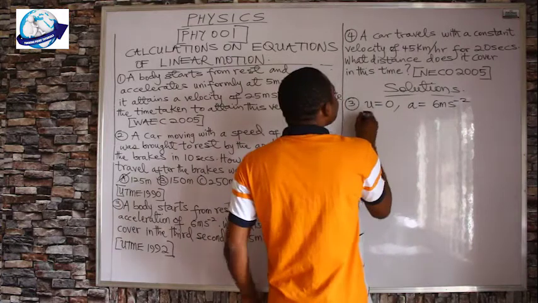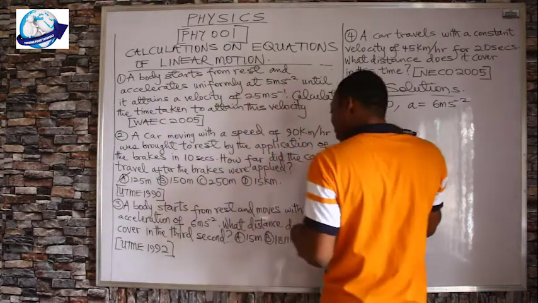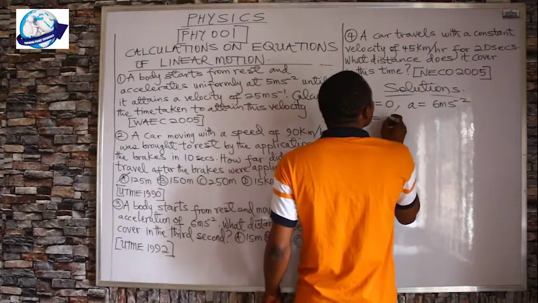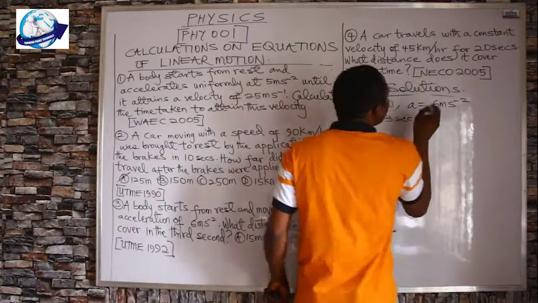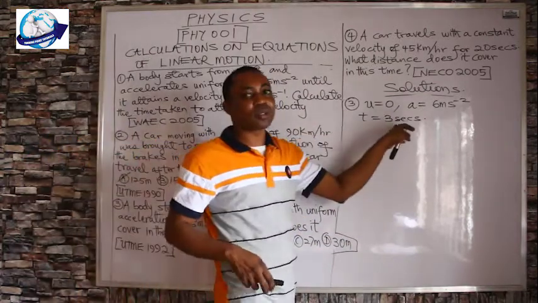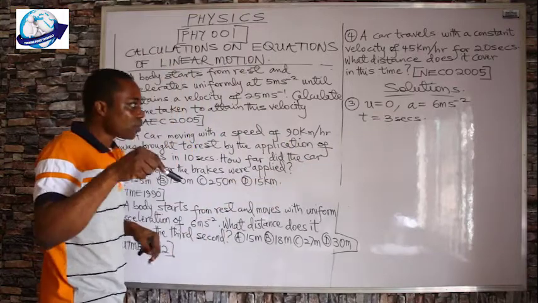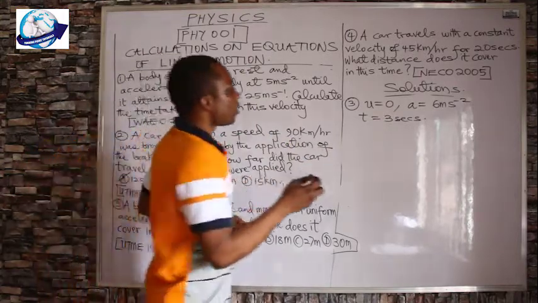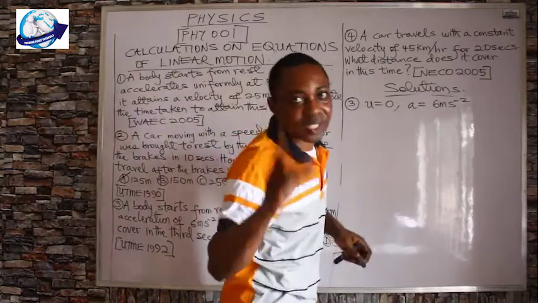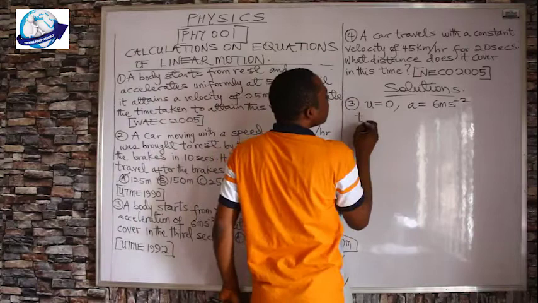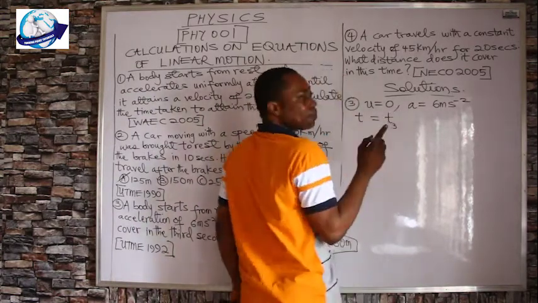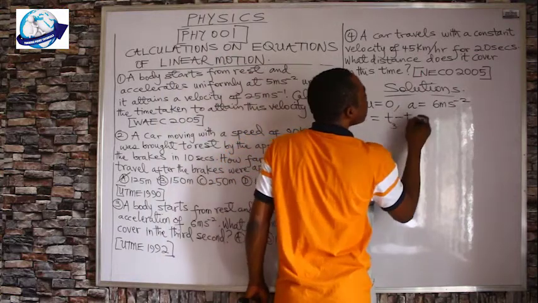Then the next one: what distance does it cover in the third second? Now the time. If you say time is equal to 3 seconds, then you are wrong. In this case, time cannot be equal to 3 seconds. When you say third second, you adjust it this way. To make it easy and get the answer straightforward, the time becomes the third time minus the second time.